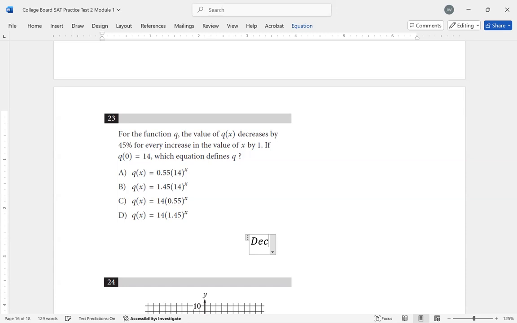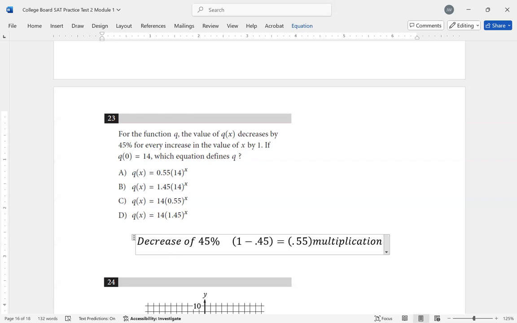Now, a decrease of 45%, mathematically, we'd start at 100%, as a decimal that's 1, and we decrease by 0.45. So we're getting 0.55. And that's going to be a multiplication. So a decrease of 45% is a multiplication by 0.55.